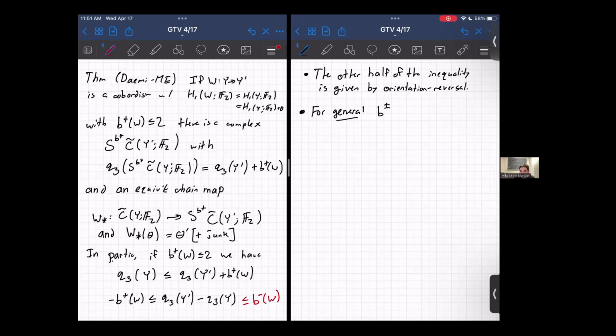Now, the case of general B plus and B minus is handled by a silly technical trick.